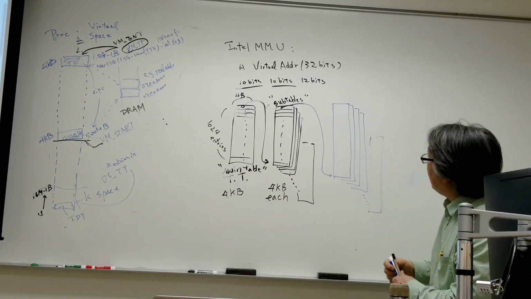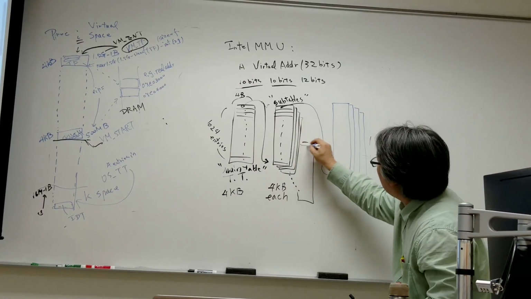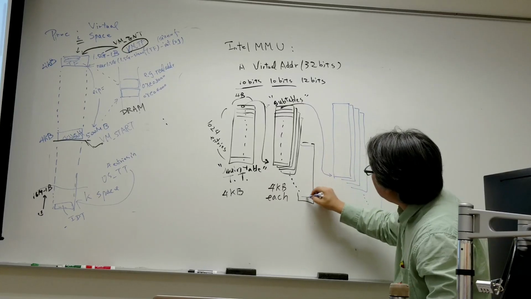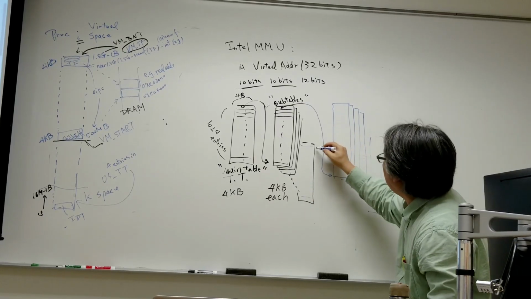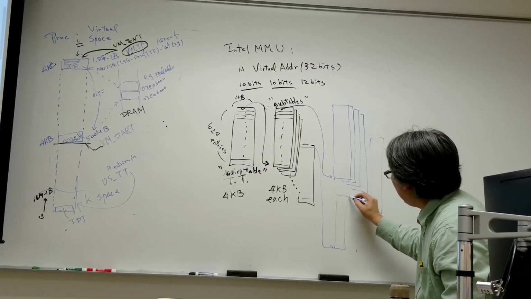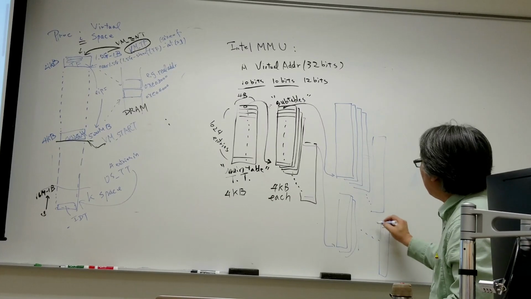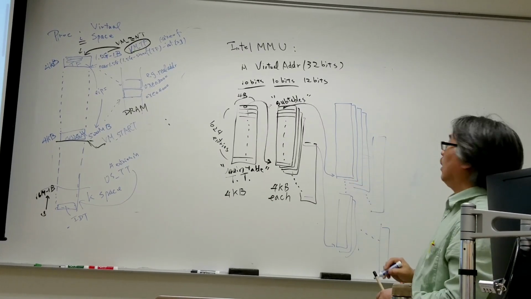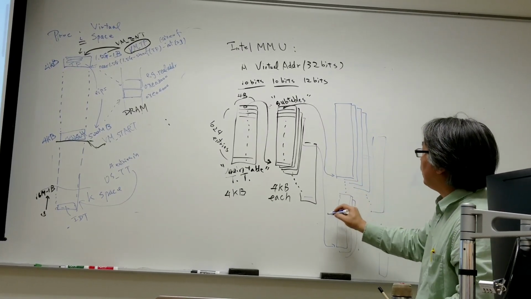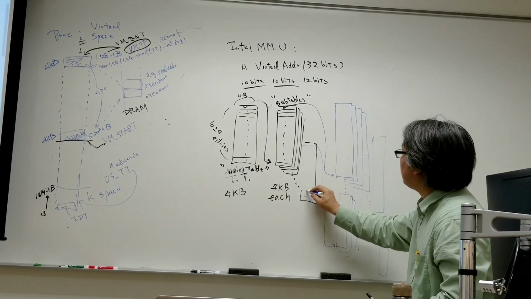You can see the expansion becomes huge. The last subtable can also do the same, pointing to 1024 4K byte pages. In between, there are also many 4K byte pages from other subtables.